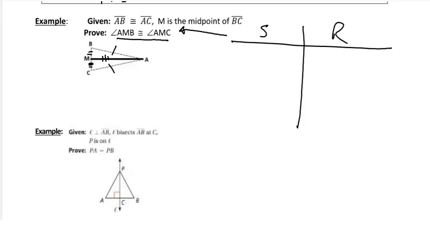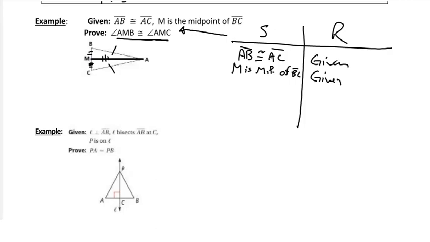Statements, reasons. AB is congruent to AC, which is given. There's nothing that leads to it, it's a standalone. Then we have M is the midpoint of BC. That's also given. However, I have to use it right after I state it.